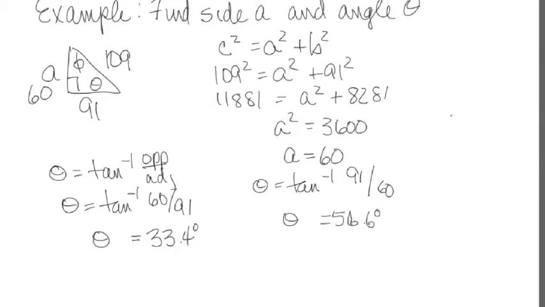Now, notice 56.6 degrees plus 33.4 degrees add up to 90 degrees, which is what we expect the two non-right angles in a right triangle to be. Obviously, this would be the quicker way of finding a complementary angle, but I went through this one more time just to show you as an exercise.